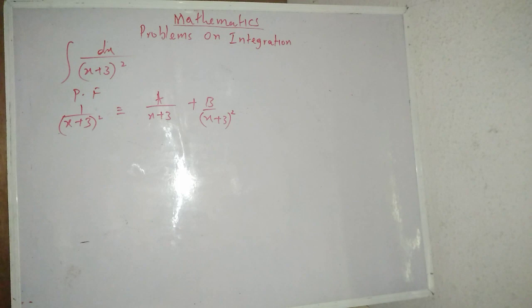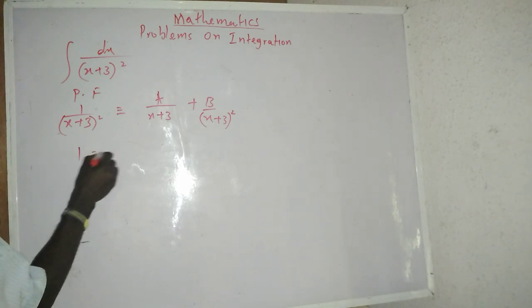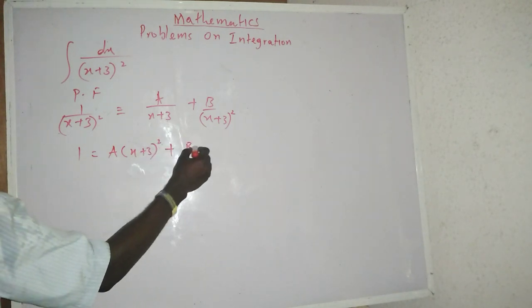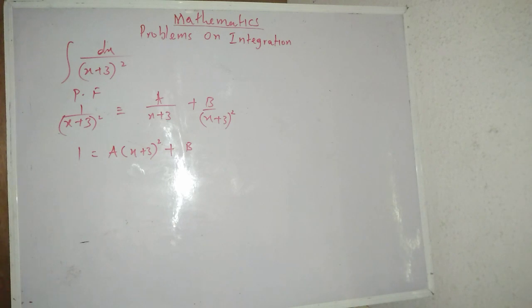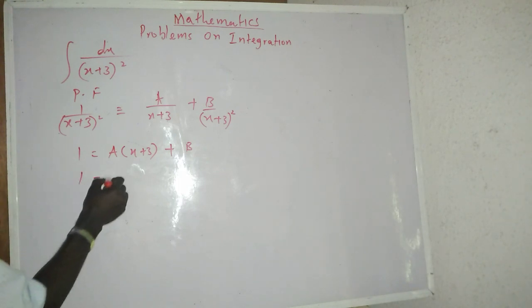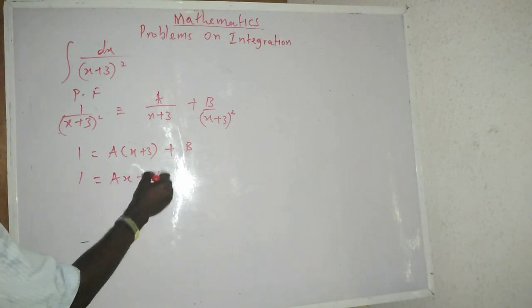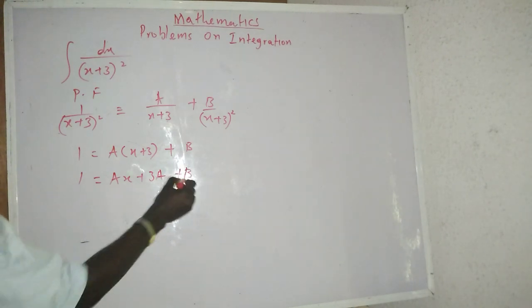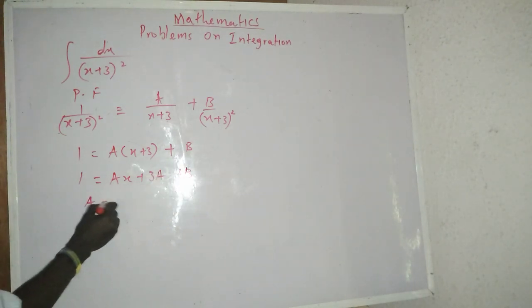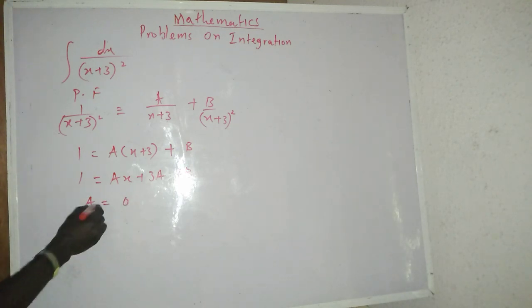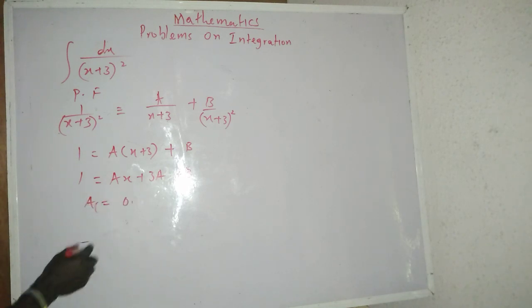Since I have this, I can say that 1 equals A times (x plus 3) plus B. So 1 equals Ax plus 3A plus B. My Ax equals 0x, which means my A equals 0.